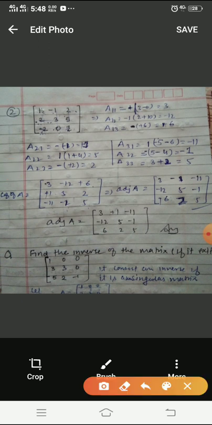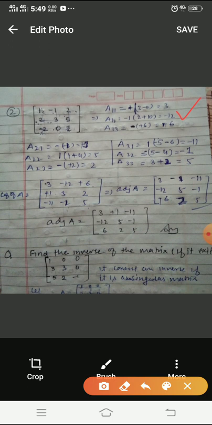So eliminate this row and this column. What is remaining? 2, minus 2, 5, 1. Cross multiply: 2 into 1 is 2, minus sign between them, and 5 into 2 is 10. So minus minus 10 is plus 10... so 2 minus 10. The minus outside is due to minus 1 to the power 1 plus 2, which is 3, so minus 1 to the power 3 is minus 1. Clear? Okay. So we get minus 12.